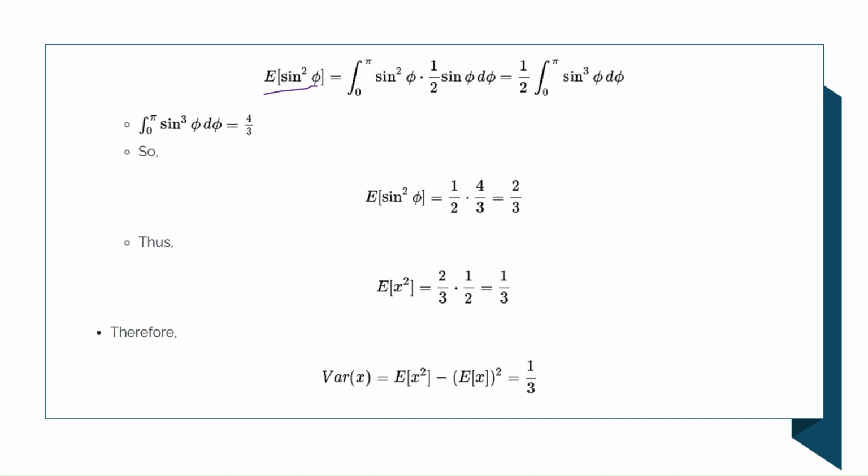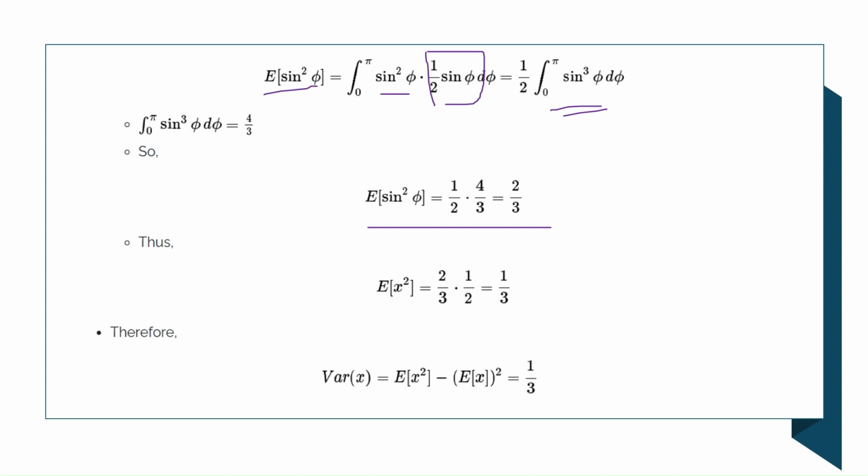We put the function sine squared phi, we put the PDF here, and then we integrate from 0 to pi to give us this expression, half of sine cubed phi d phi from 0 to pi. Solving this gives us the expected value of sine squared phi equals 2 by 3.